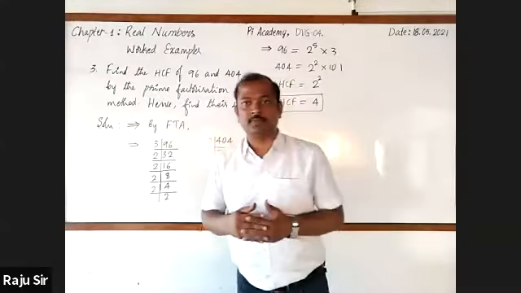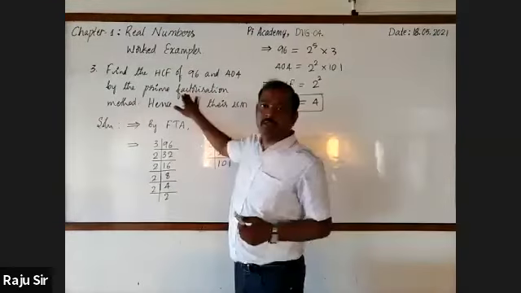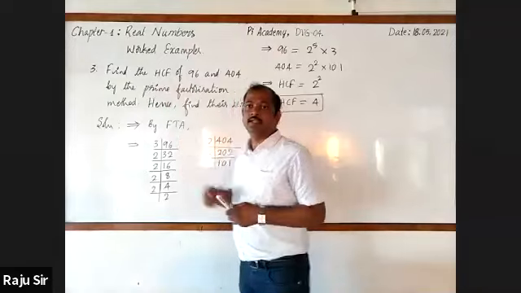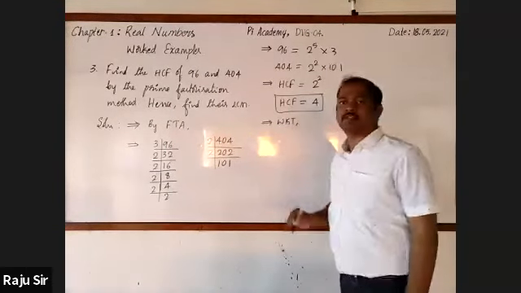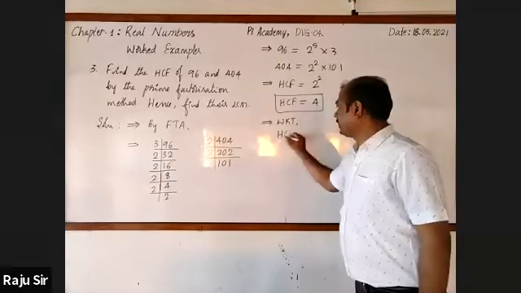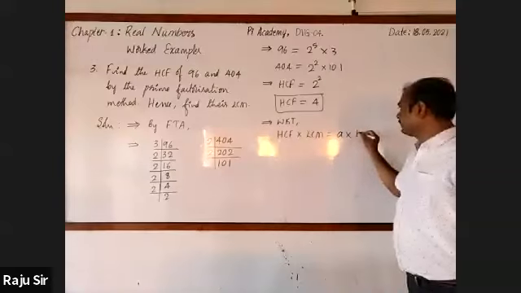No, sir, we can use the relationship. Because here they have asked you to use the prime factorization method only to find the HCF, I'll go for using the relationship: the product of HCF and LCM is the product of the given numbers.